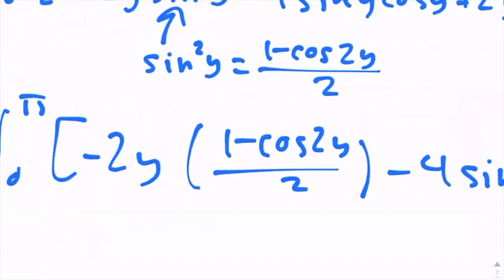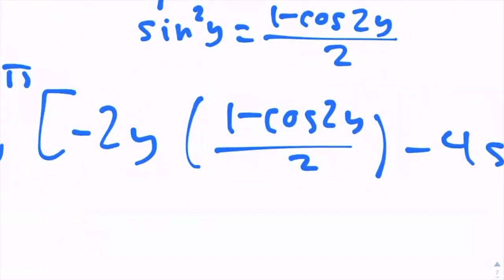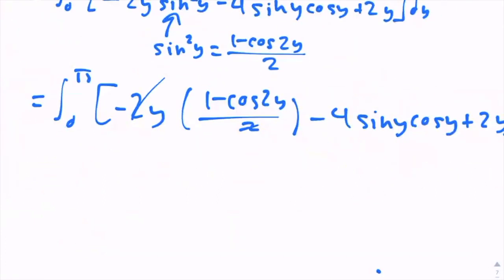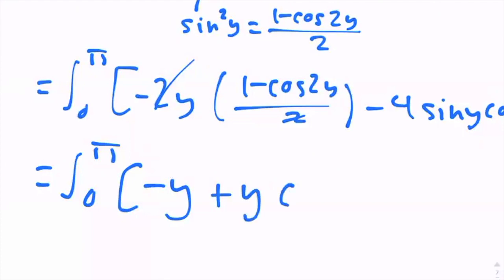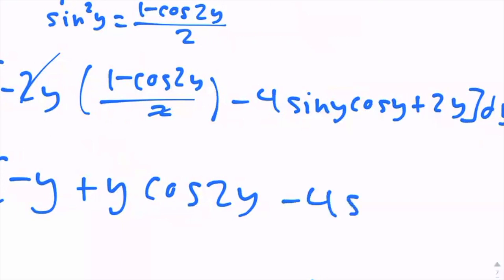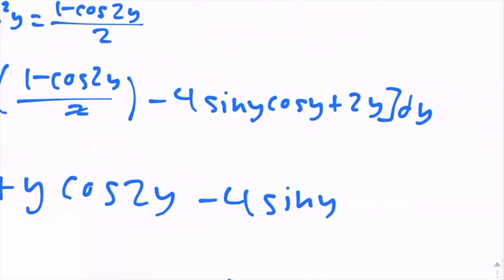When you do that, we can simplify. We can just cross out those 2's. And when we do that, we're going to get this integral from 0 to pi of minus y plus y cosine of 2y minus 4 sine y cosine y plus 2y dy.